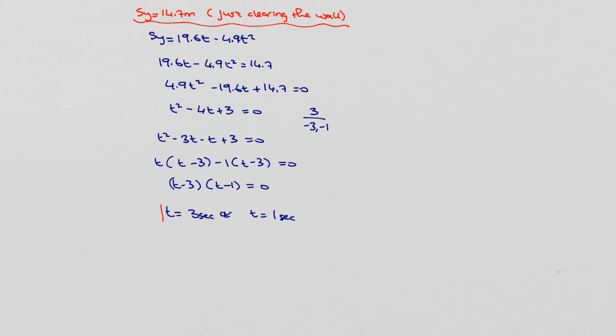So in other words, on the upward path, it'll clear the wall. Sorry, that should say on the way up. And then it'll come back down over a height of 14.7 on the way down. So the time that we're interested in is on the way up.